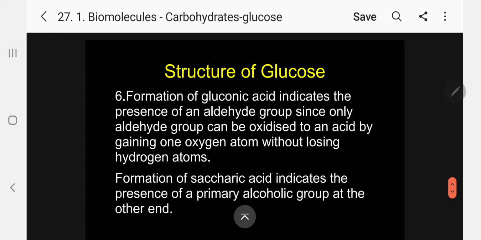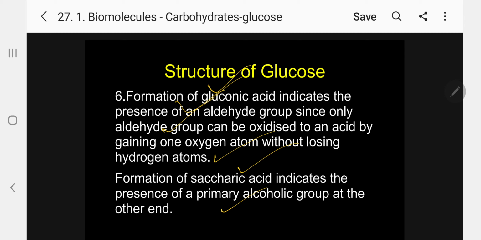Let us see now. Formation of gluconic acid indicates the presence of an aldehyde group, since only an aldehyde group can be oxidized by bromine water to an acid by gaining one oxygen atom without losing a hydrogen atom. Please follow. Formation of saccharic acid indicates the presence of a primary alcoholic group at the other end.